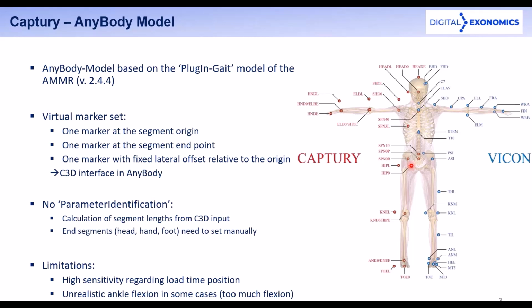Then the second marker is defined at the end point of the segment, in this case hip E. And then we have a third marker, which is just shifted laterally relative to the marker placed in the segment origin. With these three markers, we can completely define the position of the segment and also the orientation in three-dimensional space.